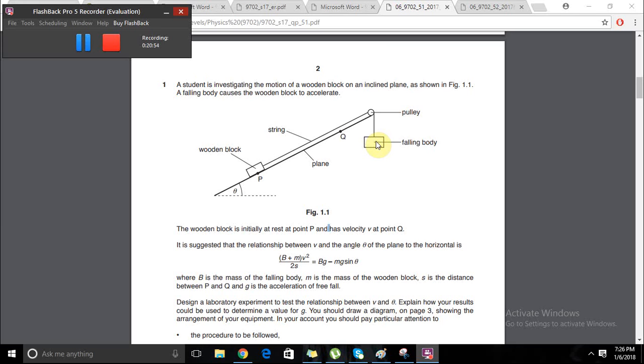And something else, they have marked this to be the center of the wooden block. So what distance do we need to measure? Because the light gate option might not be a good idea in hindsight, because we want the time it took to reach half of this value, don't we?